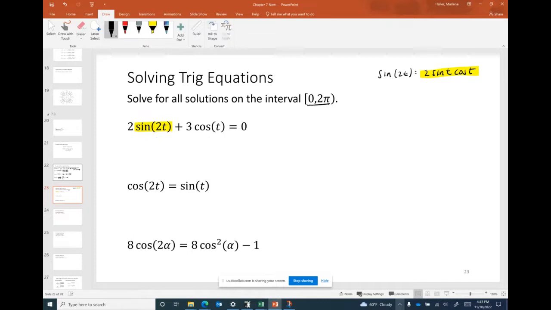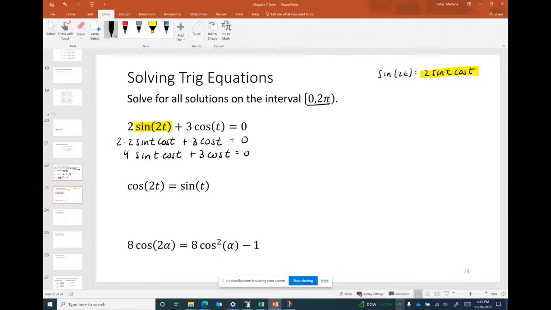Then this will be 2 times 2 times the sine of t times the cosine of t plus 3 times the cosine of t equals 0. Well, 2 times 2 is just 4, so let's rewrite that: 4 sine t times cosine t plus 3 cosine t.